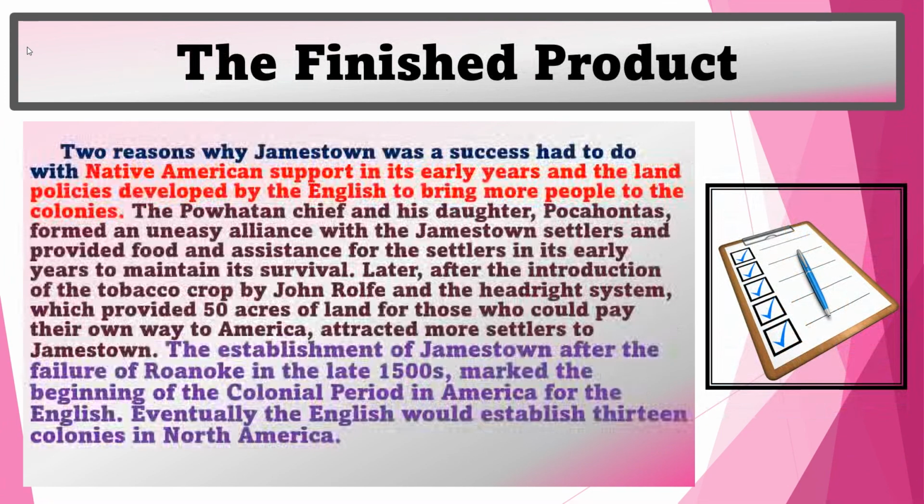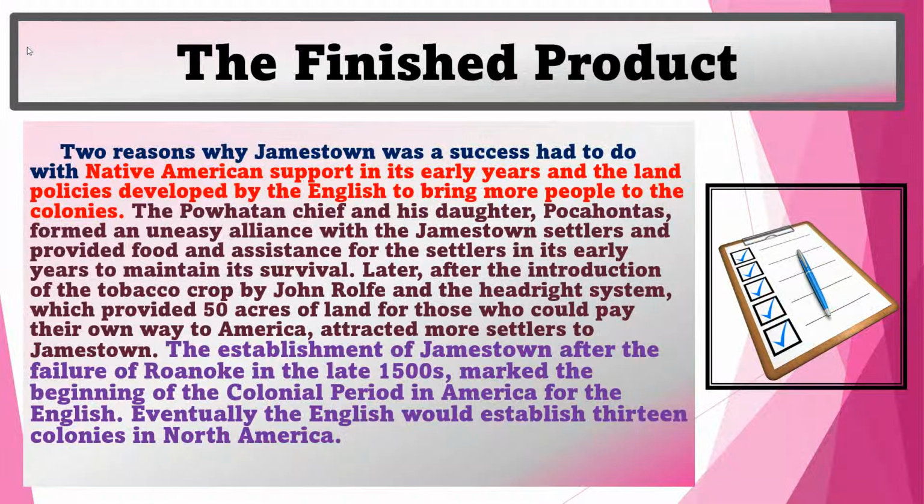So, what's my finished product look like? And you'll notice what I did here is I actually color coded when I transitioned from each of the steps in RACE. Two reasons why Jamestown was a success had to do with, hey, there's my rephrasing that question in the response.